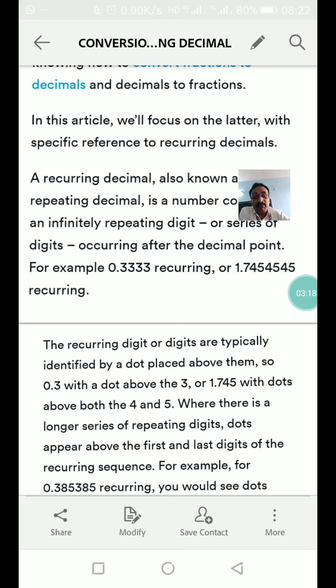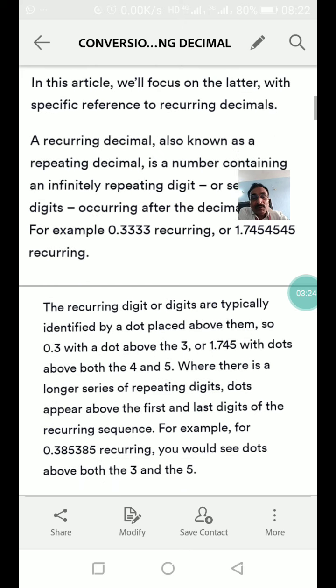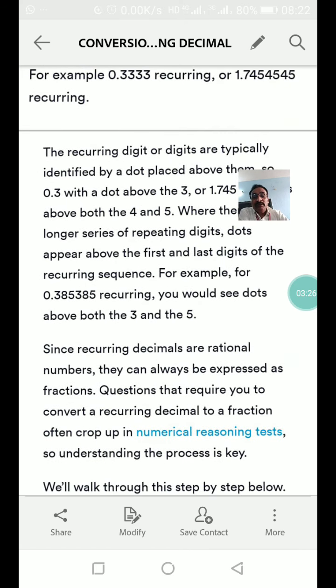Dots appear above the first and last digits of the recurring sequence. For example, 0.385385 recurring, you would see dots above both the 3 and the 5.